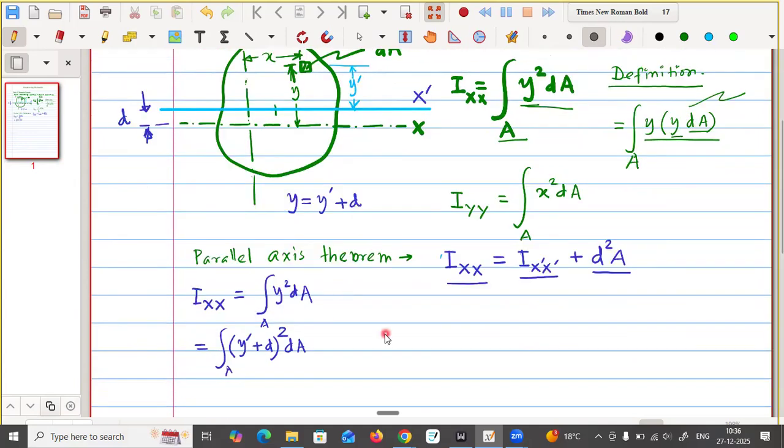Right? Now, what is I x prime x prime? This one. What is I x prime x prime? This is from the definition again.